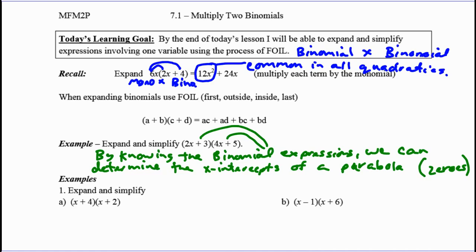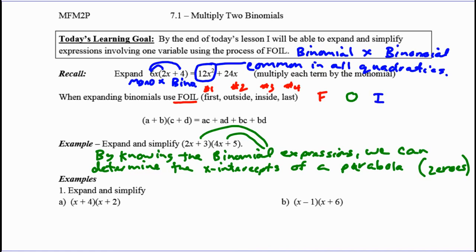Okay, so now on to FOIL. First, outside, inside, last: step 1, step 2, step 3, step 4. Let's color code this somehow.